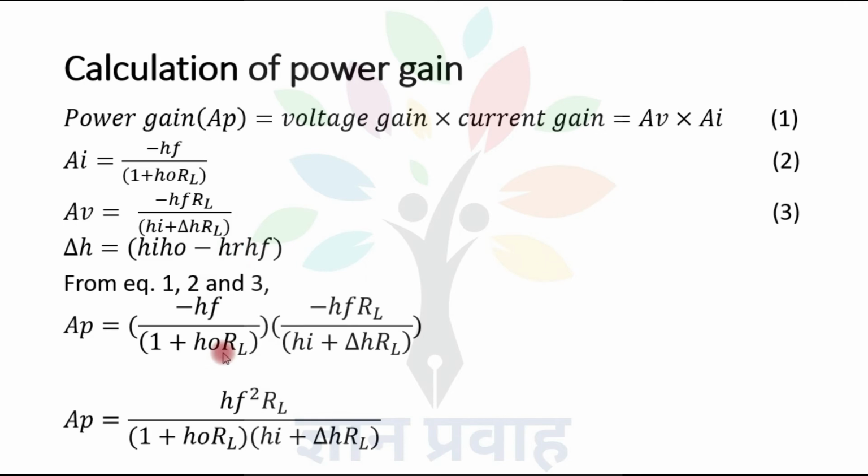By simplifying, AP is HF square RL divided by 1 plus HO RL times HI plus del H RL. That is the expression for power gain in case of BJT.